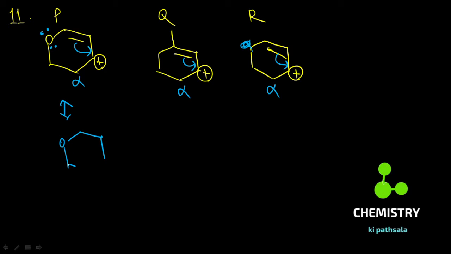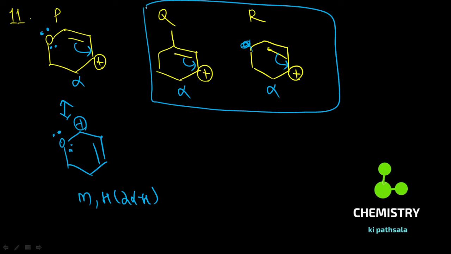You will find out that this carbocation shows the mesomeric effect, so it's useless to consider the hyperconjugation. If you see the hyperconjugation, you will find 2 alpha hydrogens, since you cannot find any kind of mesomeric effect in case of Q and R. Therefore P is the case having the more stabilized carbocation because of mesomeric effect. So P will dominate over Q and R.